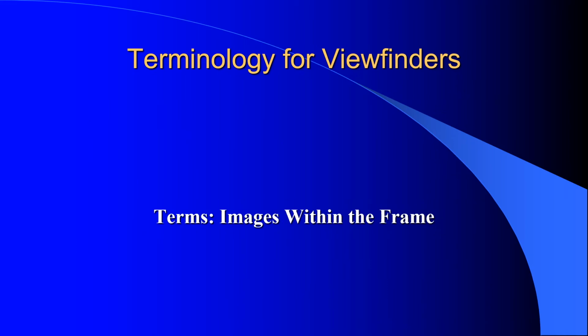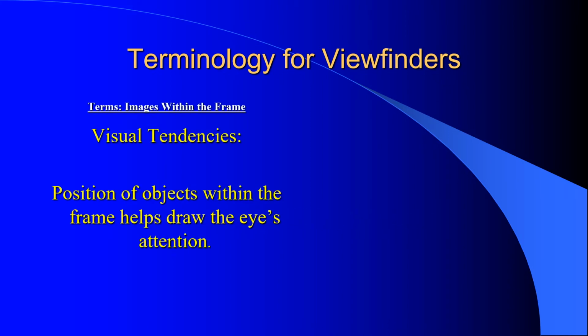Now we start talking about some terms related to the images within the frame and where they are. This is important because our eyes tend to go with certain shapes, certain objects, brightnesses of objects within the frame, where objects are, or indicators of where objects are.